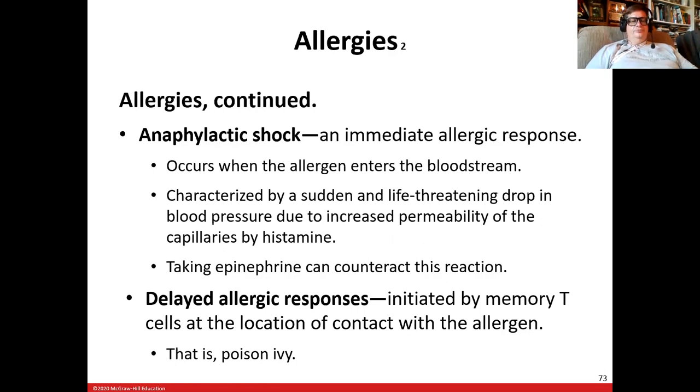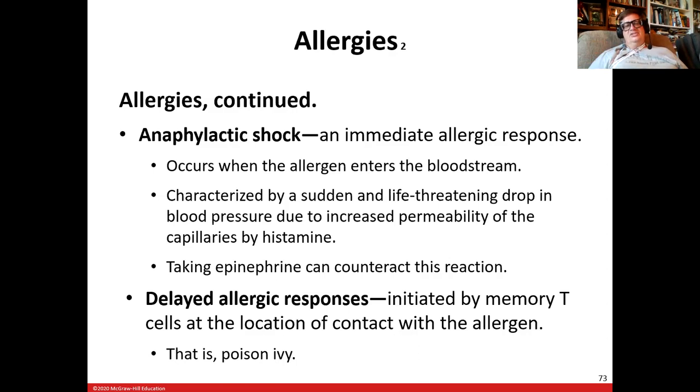All right. Anaphylactic shock is a super strong immediate allergic reaction. If the thing that's the allergen, the thing that generates the allergy, enters the bloodstream, your body is going to try and dilate all the blood vessels at once to let the maximum amount of blood flow through and wash the bad thing away. The only problem with that is you don't have enough blood in your body to open all the blood vessels at once.